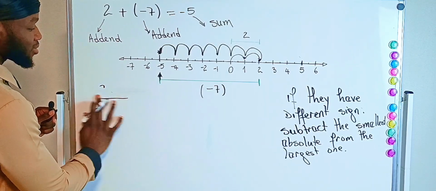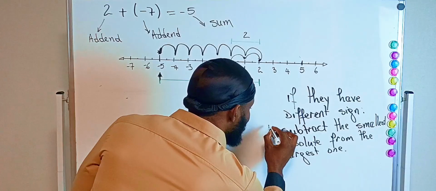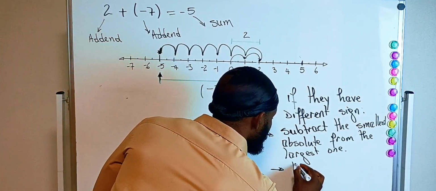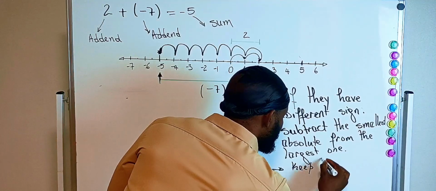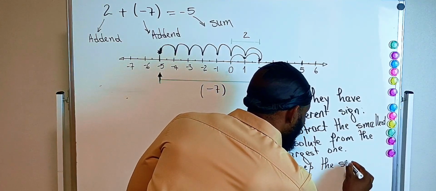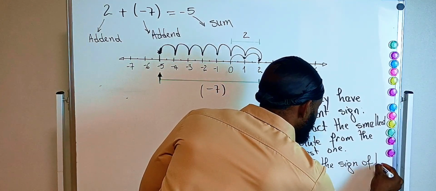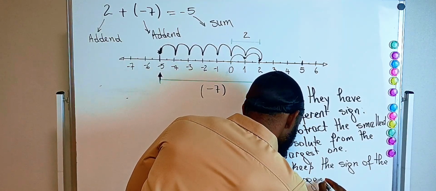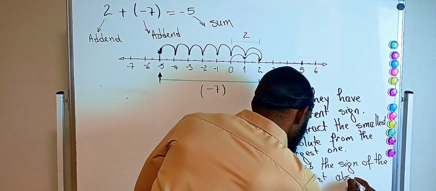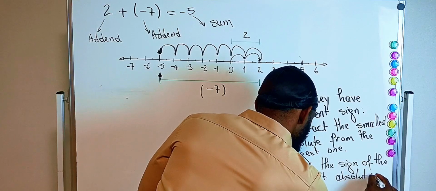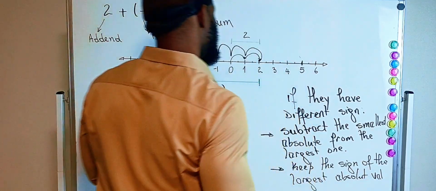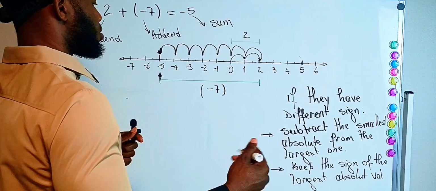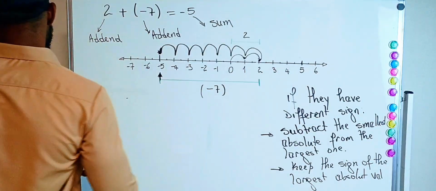And the last step is to keep the sign of the largest absolute value, or of the largest number, which is going to be the sign of 7.